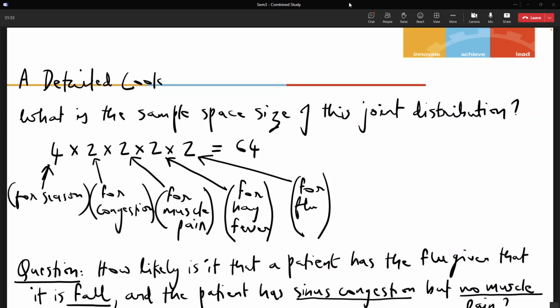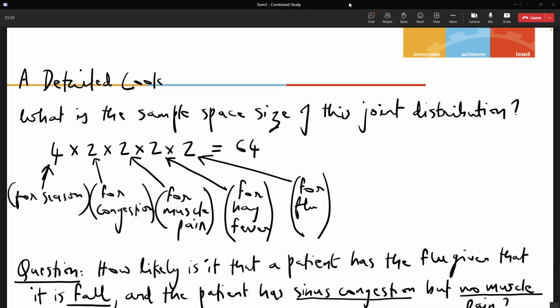Now, if I know that, for example, the season is summer, I would have been able to eliminate a lot of these based on the conditions which I would have been able to identify, right? For example, hay fever is a separate chain.